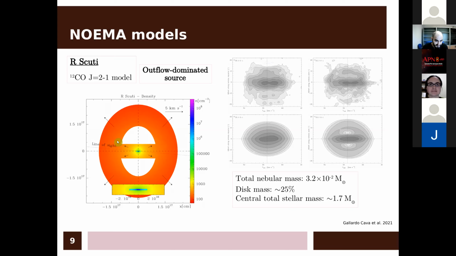We are sure that part of the outflow comes directly from the disk, but we are working on what happened to the rest of the outflow. Probably it's a remnant of the previous evolutionary stages of the nebula. In the case of R Scuti, 25% of the total mass is located here in a region with Keplerian dynamics. So R Scuti is an outflow-dominated source.